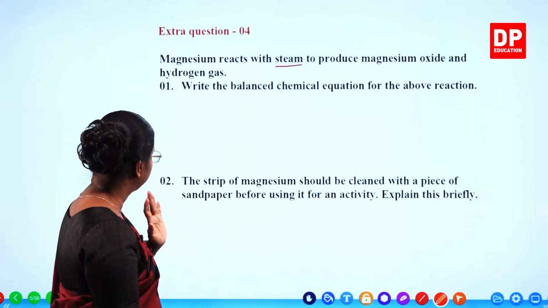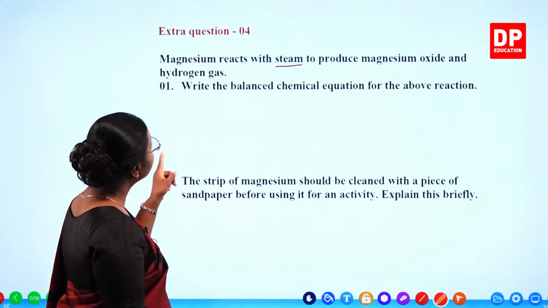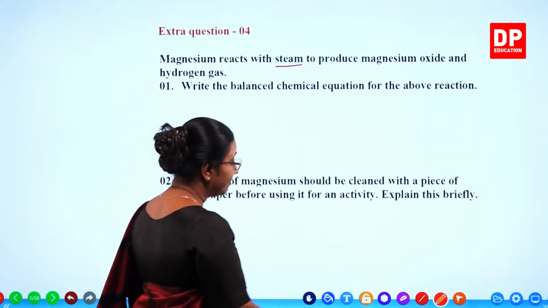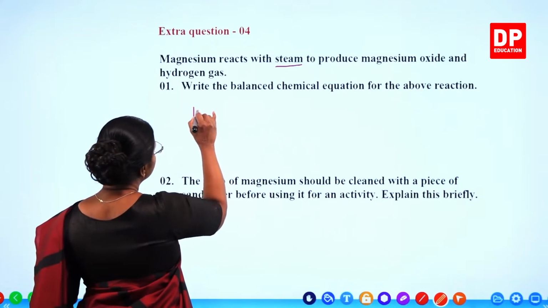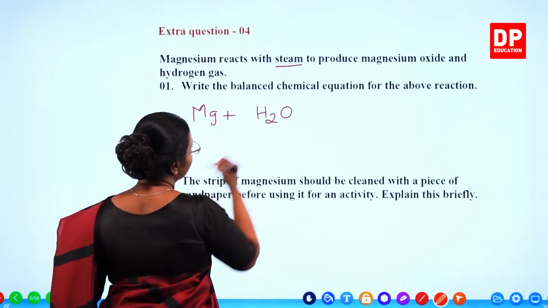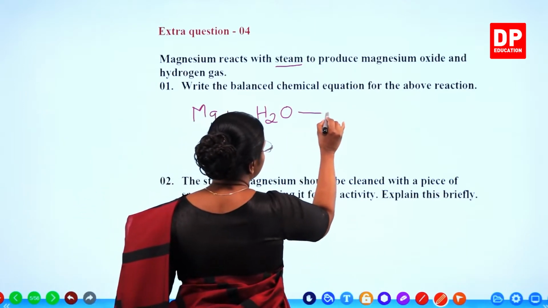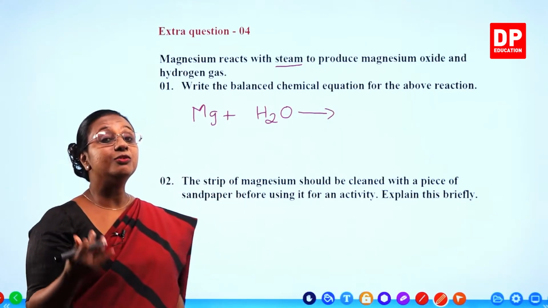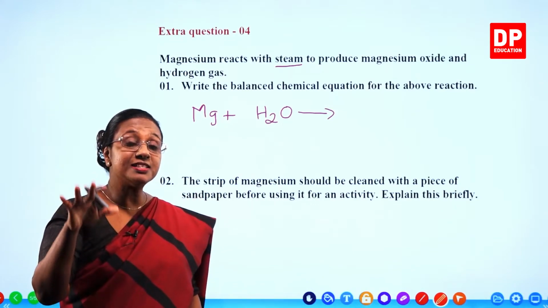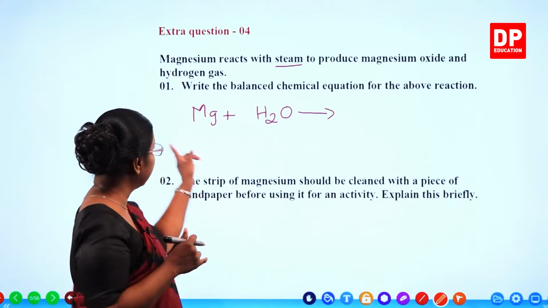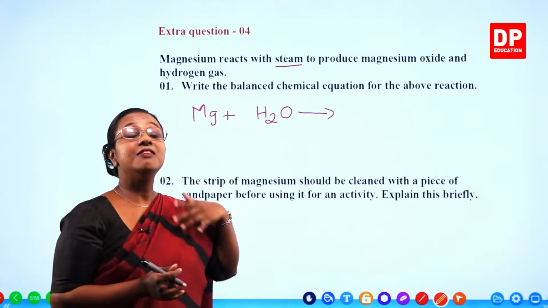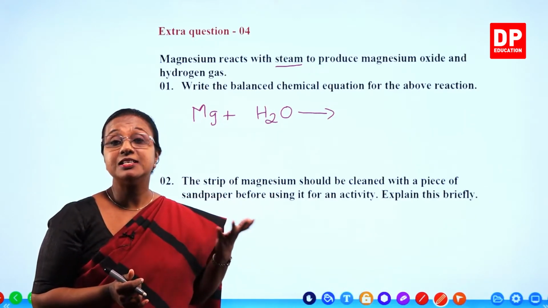You can remember that. The first one, write the balanced chemical equation for the above reaction. So, you're familiar with this reaction, students? Magnesium with steam. Steam is also H2O in the gaseous state. So, that is why, students, if we include the physical states, you can remember in one of the extra knowledge we discussed that we can include physical state in a balanced chemical equation. So, here if we put gas, then we immediately know that it is steam.